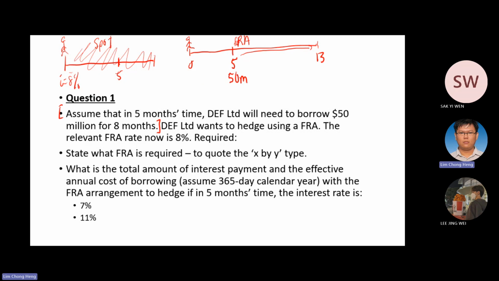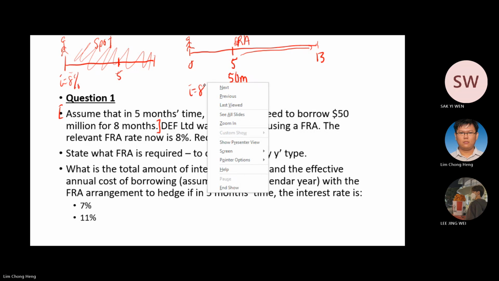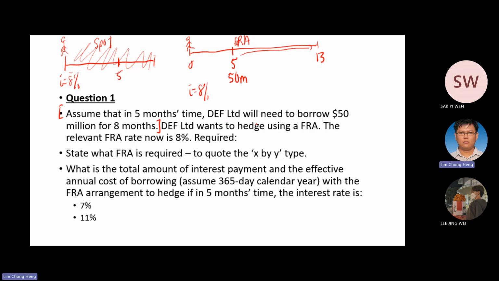So now, today's market is 8%. And you hedge using the FRA, and your agreed FRA rate is also 8%.